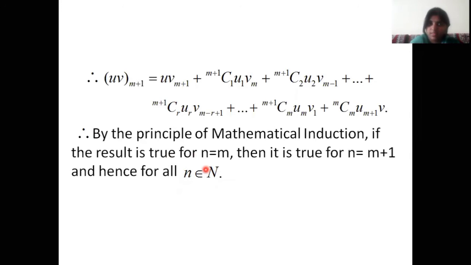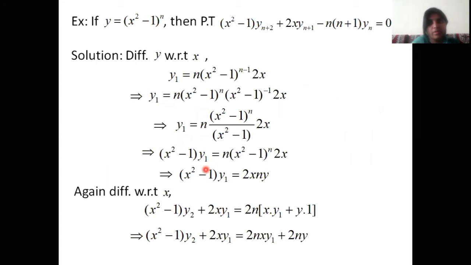Next, moving on to the example, we'll take one example to see how it works. See here, if y is equal to (x square minus 1) whole power n, then prove that (x square minus 1) y(n plus 2) plus 2x y(n plus 1) minus n into (n plus 1) into yn is equal to 0.